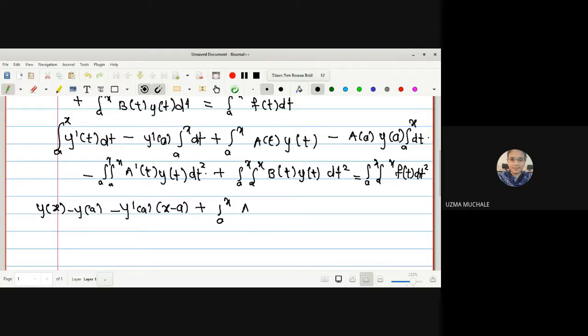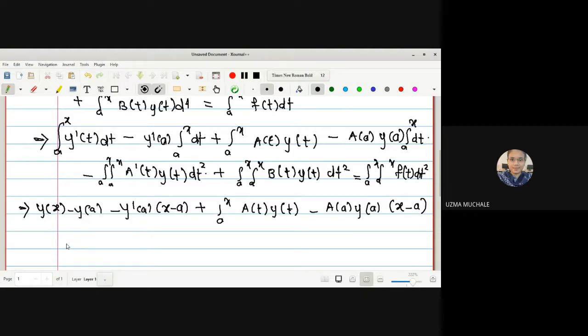Integration a to x, it is a of t y of t minus, okay, what is this? Integration with respect to t, integration of dt will be t within the limit a to x, that is x minus a.